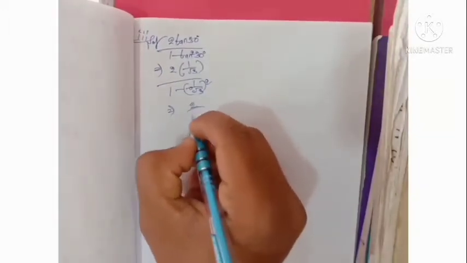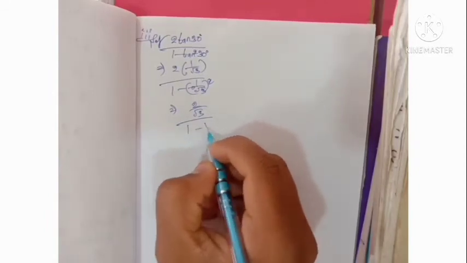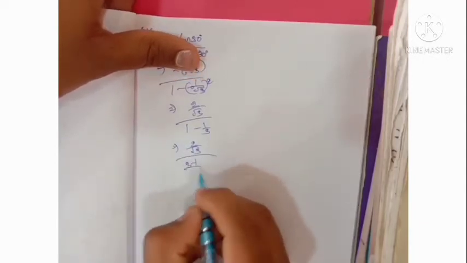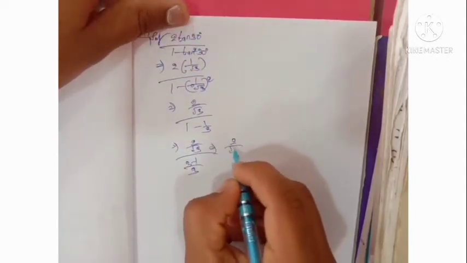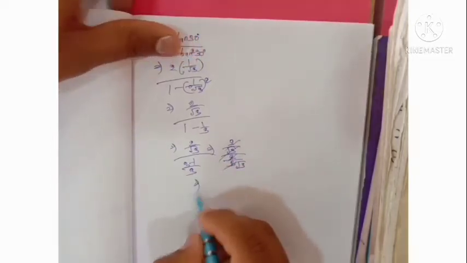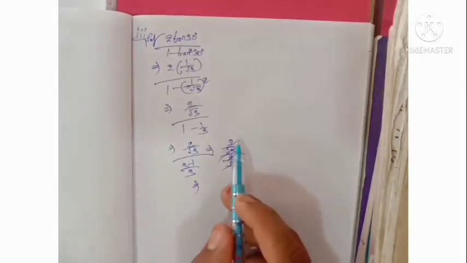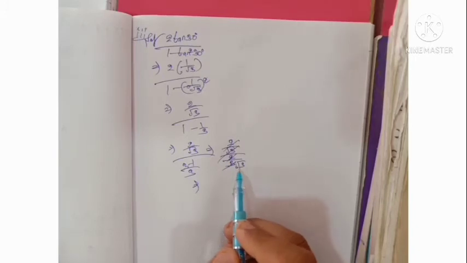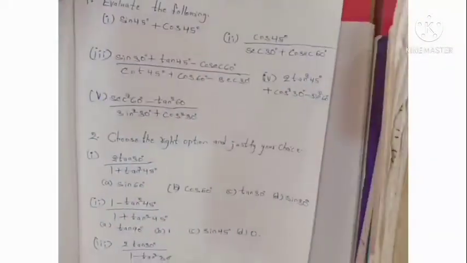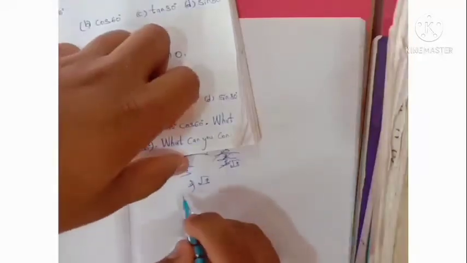Okay, 2 by root 3, by 1 minus 1 by 3, the square root gets cancelled. Okay, 2 by root 3 by 3 minus 1 by 3, it's 2 by root 3 by 2 by 3. Root 3 times, 2 gets cancelled. 2 gets cancelled. Root 3 times 1 by 3 means it's root 3. Root 3 is obtained when we take tan 60 degrees. Tan 60. That's option C. Root 3 is equal to tan 60.